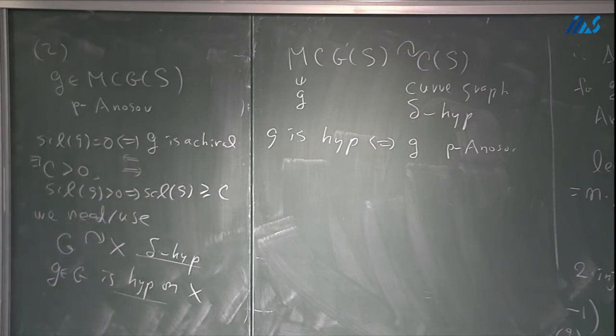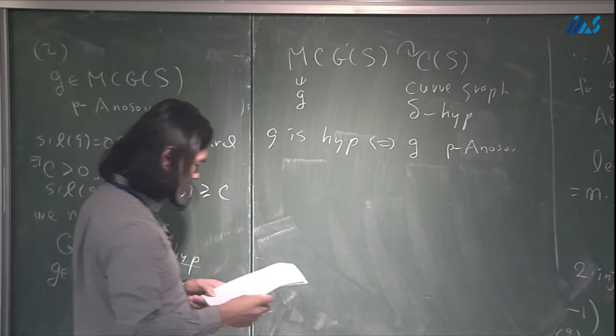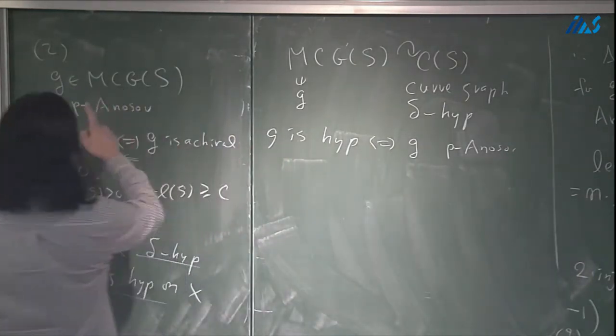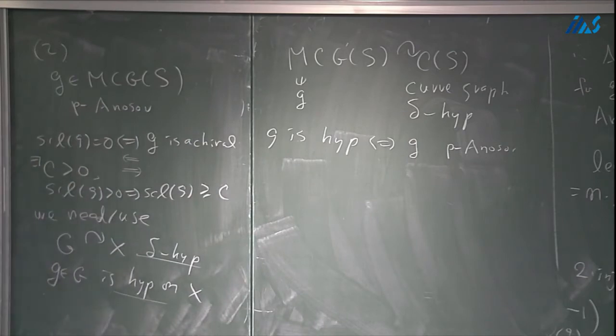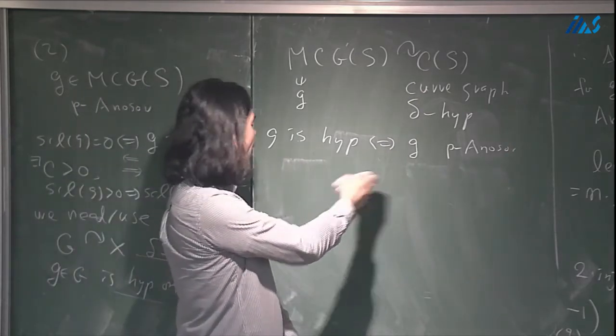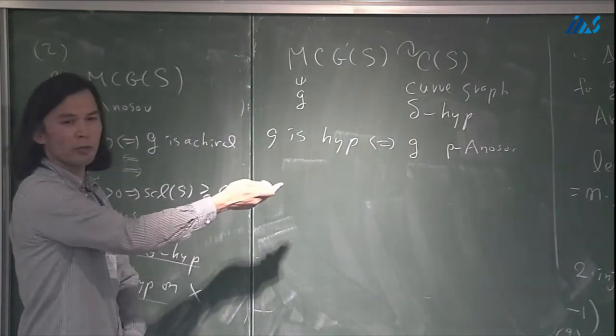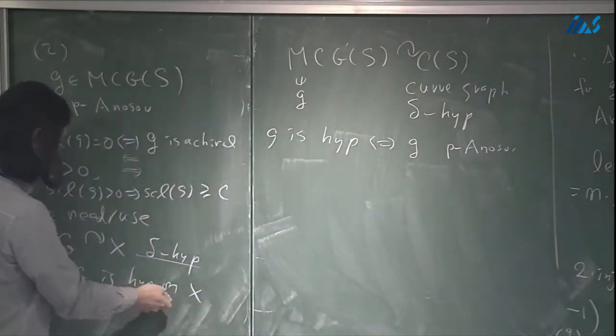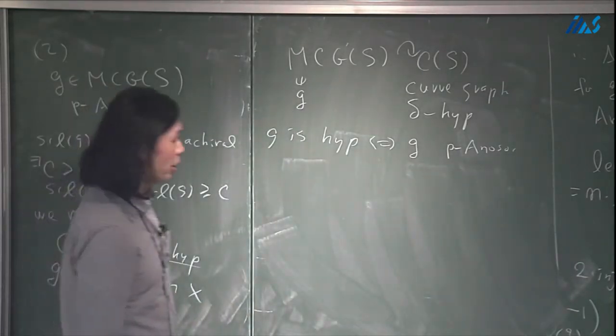Okay. All right. But so this is one result for stable commutator length for mapping classes, which is only for pseudo-Anosov. But it's clear why our argument works only for pseudo-Anosov, because except for pseudo-Anosov, we don't have this hyperbolicity of the element.